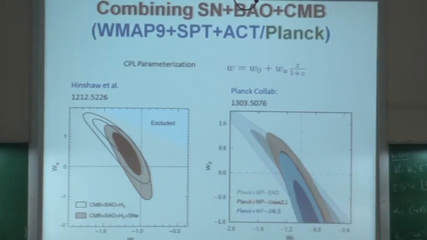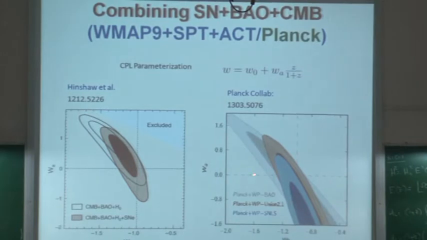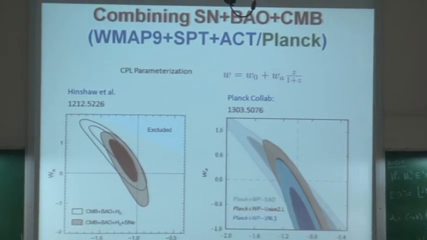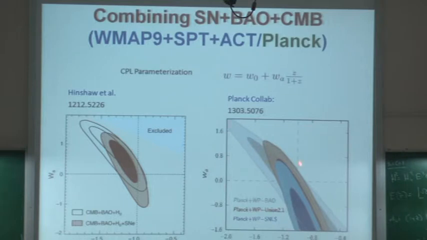I will come to this point later, which is called the phantom region. And the phantom region is something which is very hard to explain with a standard field theory approach. Right? But it seems the data is actually giving a hint that there is a phantom region, which one has to take seriously. Okay. And one should now change your model building to allow or incorporate the phantom region. Okay. So this is the latest observational data for W, or for dark energy, by this figure.